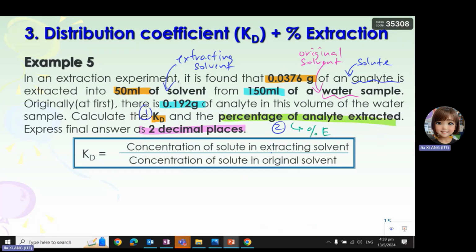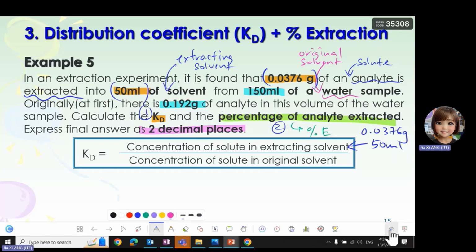Given the KD formula, let's try to do some substitution. Based on the question, 0.0376 gram of analyte is being extracted into 50 ml of solvent. This solvent refers to your extracting solvent, meaning for the numerator you can substitute 0.0376 gram, and the volume of solvent is 50 ml.